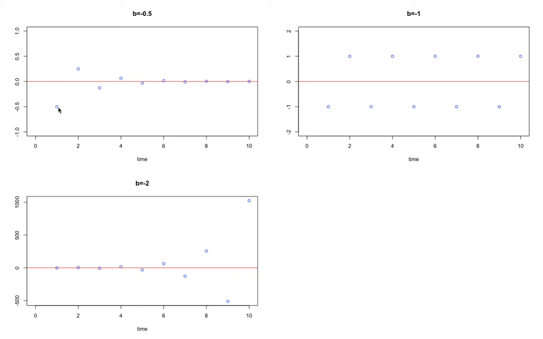Look, we start at negative 0.5, we move to 0.25, then we have negative 0.125, then 1 over 16, negative 1 over 32, 1 over 64, negative 1 over 128.